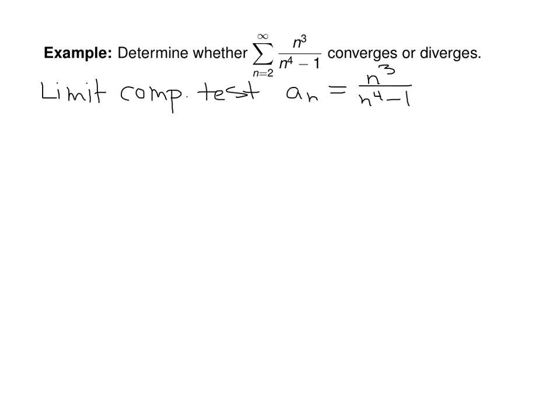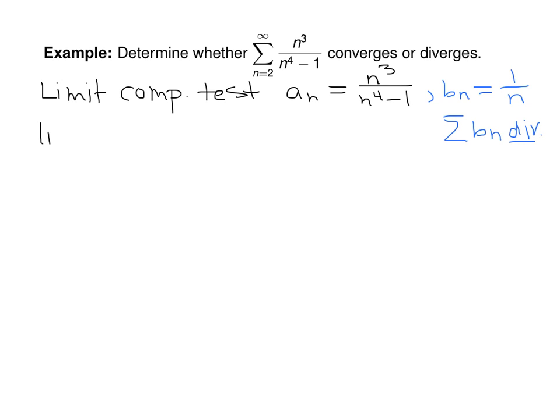So that's the terms of the series that I'm given. And B sub n, I'll take the most important terms from the numerator and denominator. So n cubed over n to the 4th will be 1 over n. And I know that the sum of the B sub n's diverges.